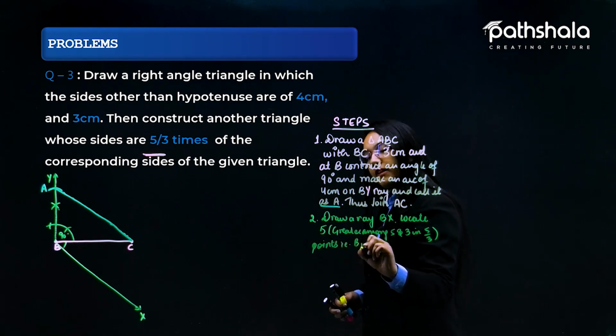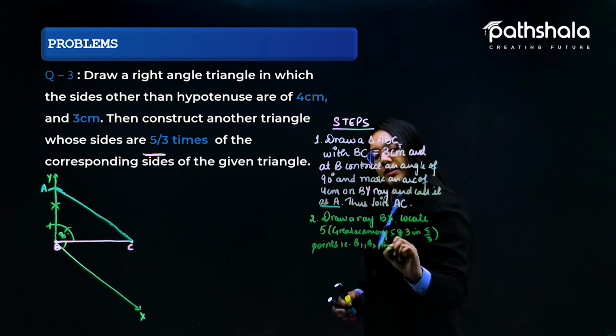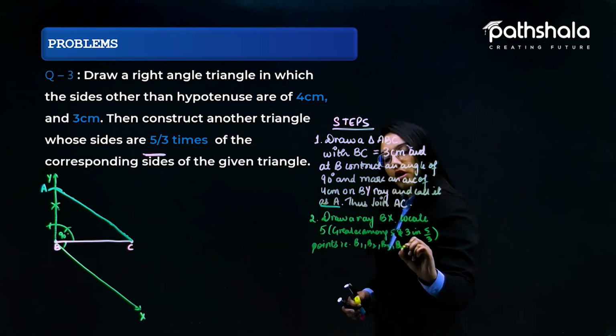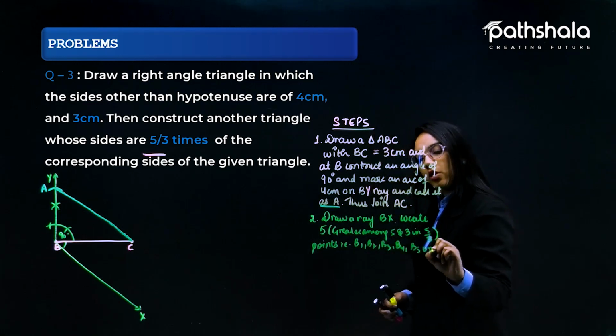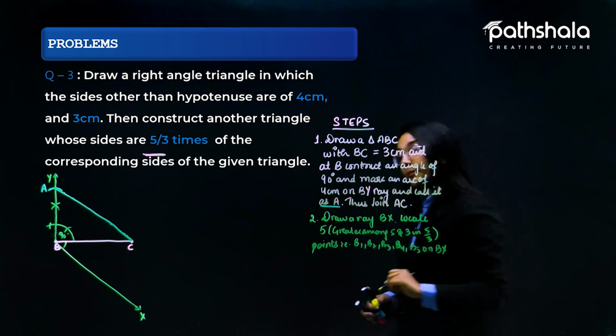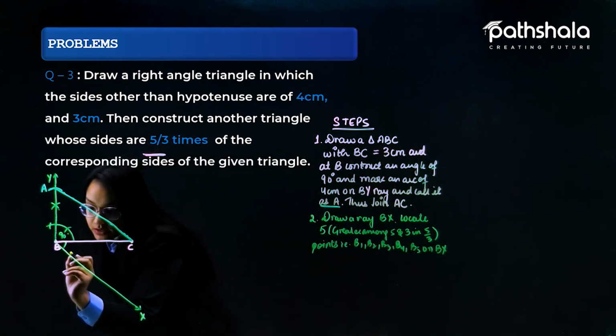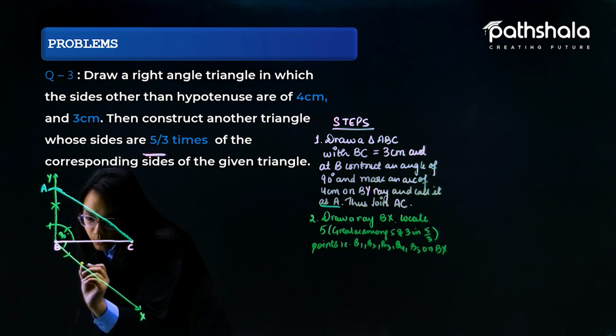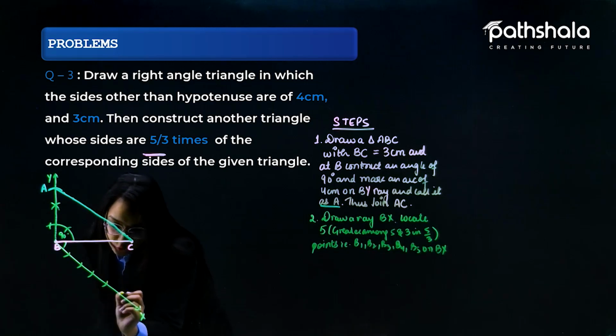That is B1, B2, B3, B4, B5 on the BX ray. I'm marking equal arcs using the compass: 1, 2, 3, 4, 5.